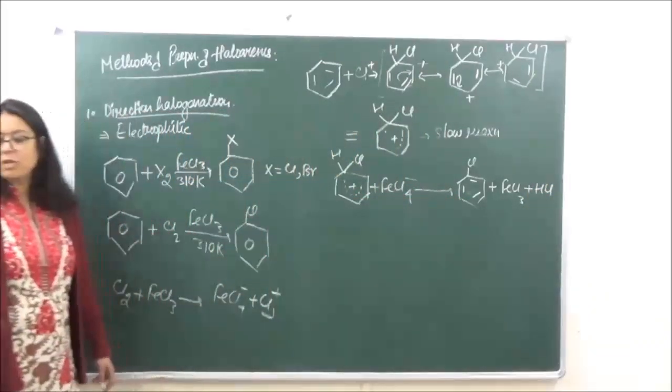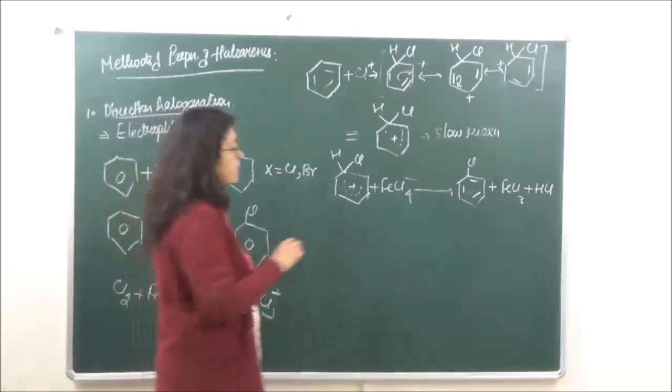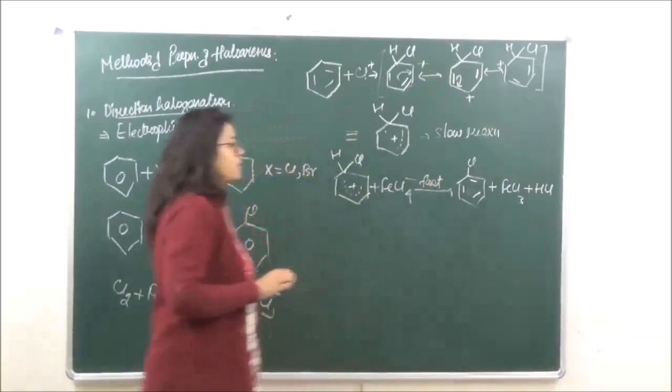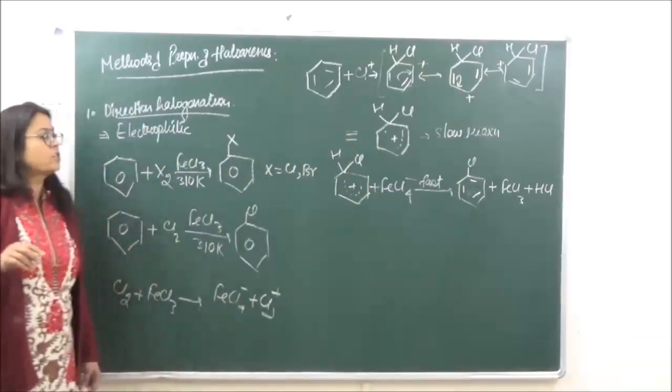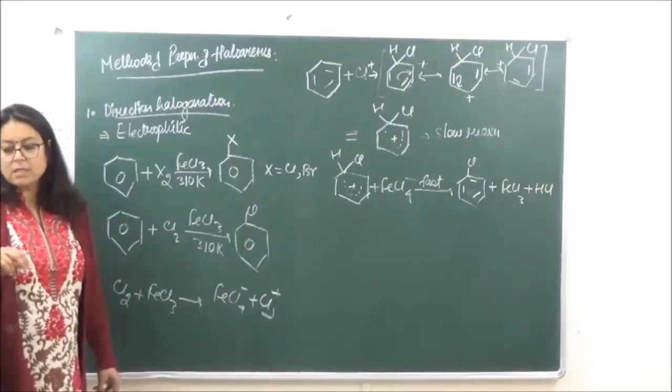So FeCl3 you can see is yielded back. Now as the second step is the fast reaction and the first step is the slow reaction, the first reaction is the rate determining step over here.